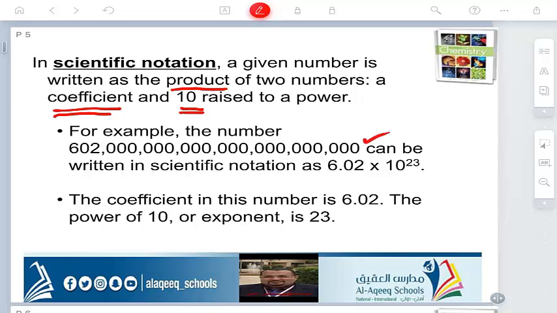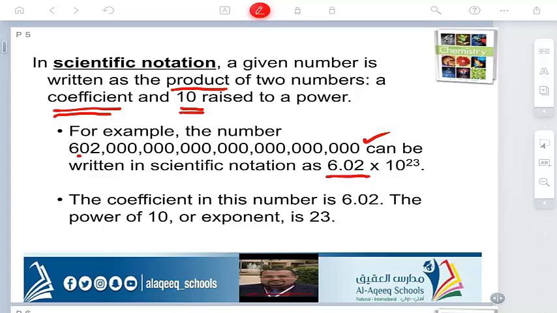First, you have to write the number in scientific notation by putting the decimal so that it ranges between 1 and 10. For example, this number, you have to make the decimal here: 6.02.